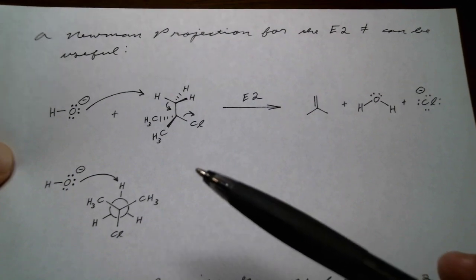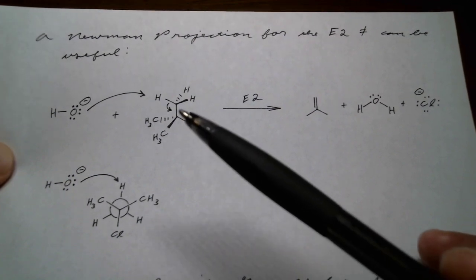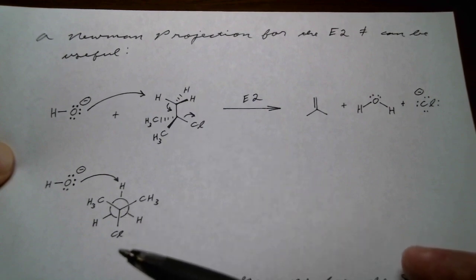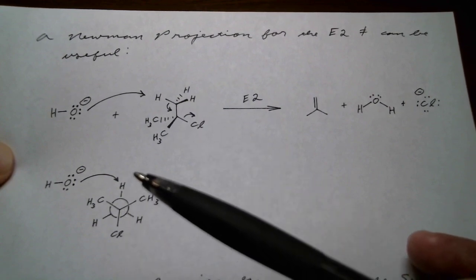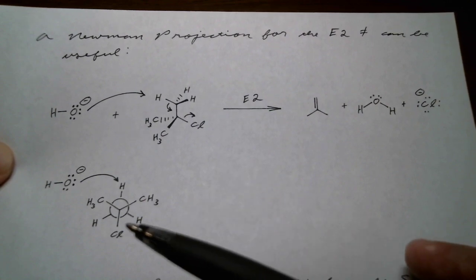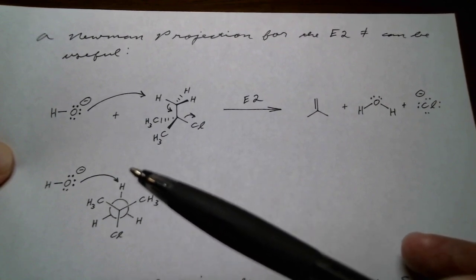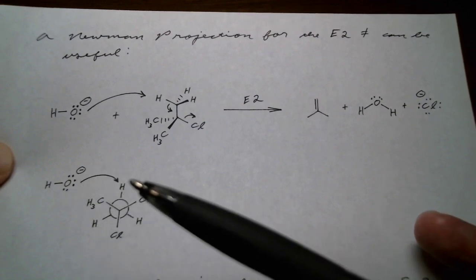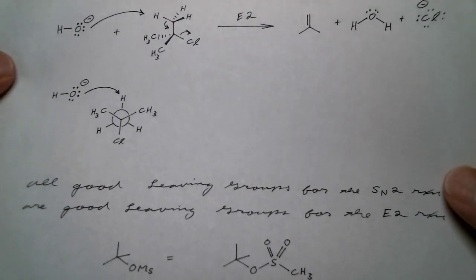What you might see if you were drawing a Newman projection sighting down that carbon-carbon bond is chlorine pointing straight down, and you'd see the hydrogen on the carbon behind our alpha carbon sticking straight up in an anti relative sense. There's our hydroxide plucking that off.